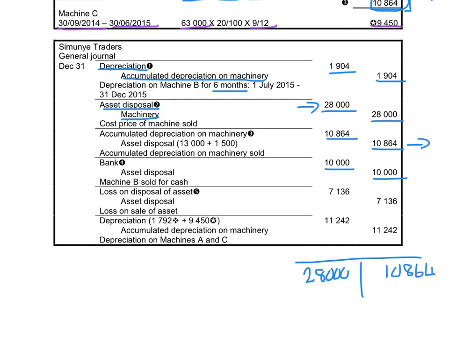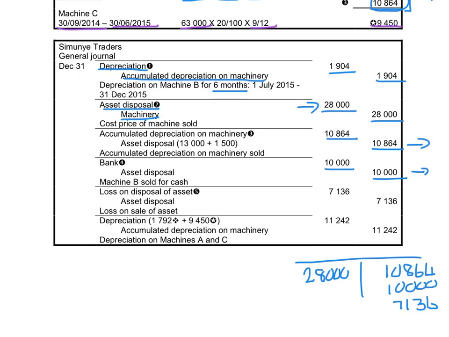That is my accumulated depreciation. And I have 10,000 on the credit side for the money that we received. So if I balance my asset disposal account, I will see that the credit side is smaller than the debit side. So there's a difference of 7,136 between the credit and debit side, and that means that we made a loss.